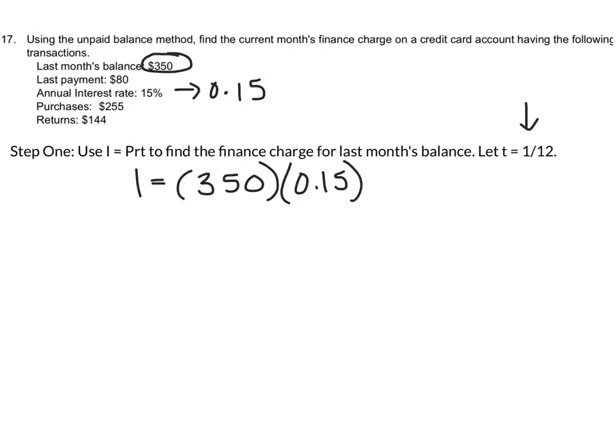And T is 1/12. And keep it a fraction. Don't convert 1/12 to a decimal because you might have rounding error at the end of your answer. Now we'll just multiply 350 times 0.15 and we get 52.5.